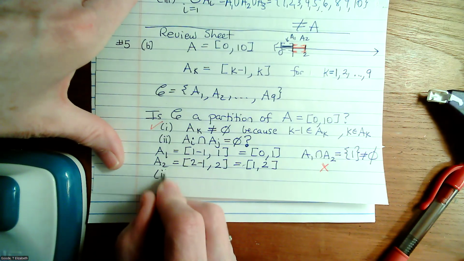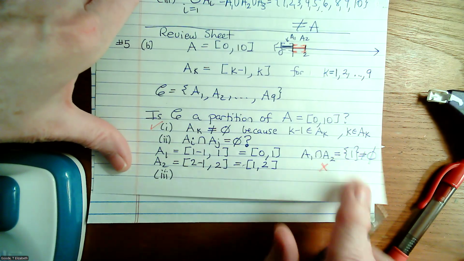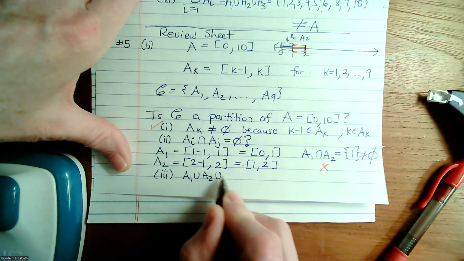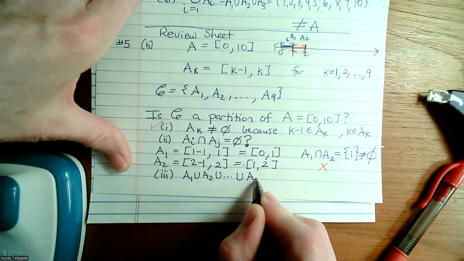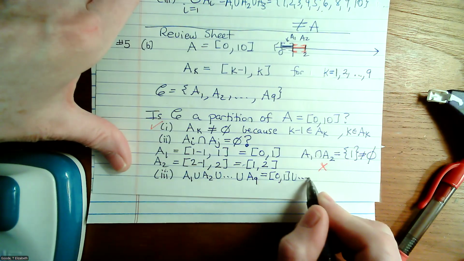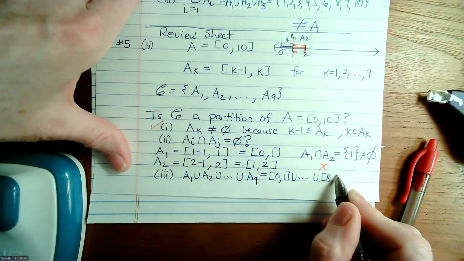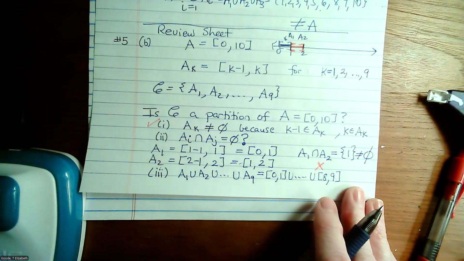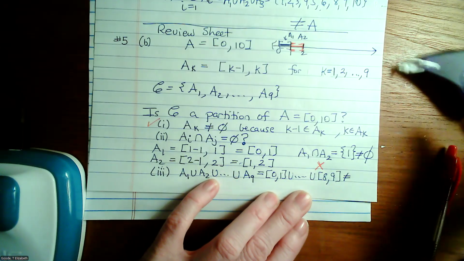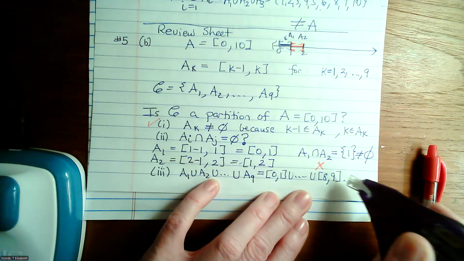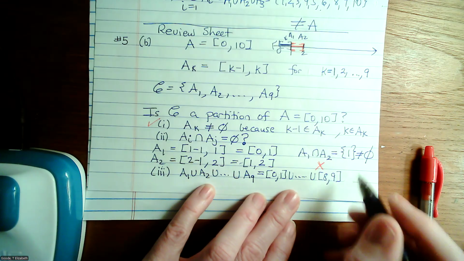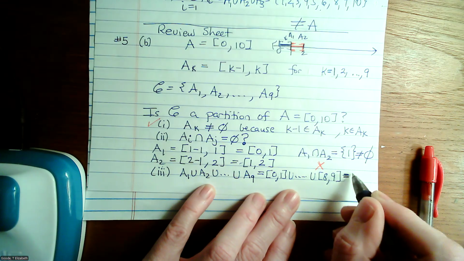And also, if you miss that, when we take the union A1 union A2 union dot dot dot up to A sub 9, we're starting with 0, 1, but we're only going up to 8, 9. That was actually a typo on my part, but it's fine because that is not equal to A, right? What is that union really going to be?